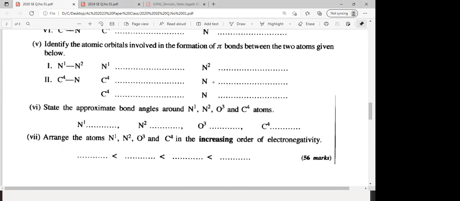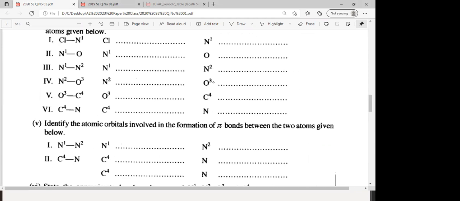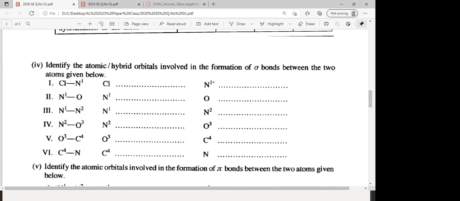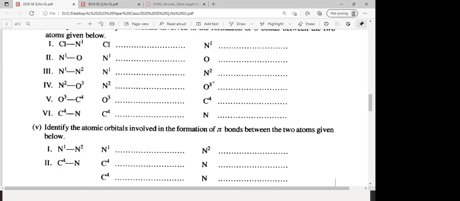What's the time now? I'll finish this and stop. 7:30. Okay, look at the screen. I'll quickly draw the structure here, otherwise you have to waste time on that. Chlorine, I'll quickly draw it leftmost side.